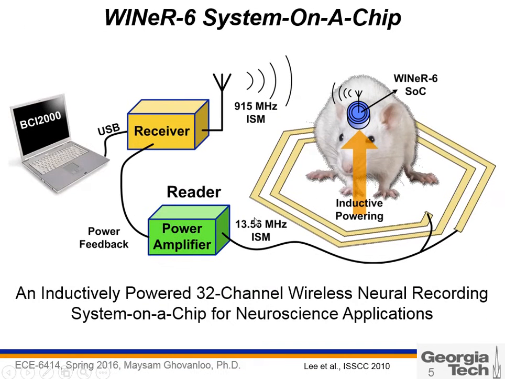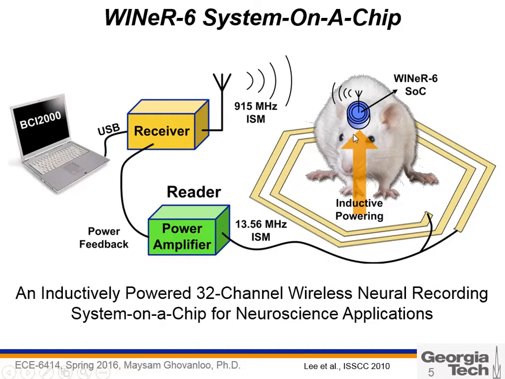So this is the big picture, the block diagram or the overall diagram of the system that we are developing. This system is not only able to wirelessly send the neural activity to the computer and demonstrate it to the end user, which is the researcher, but it also does not require the animal to carry a big weight of batteries.